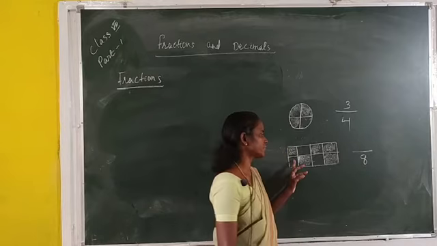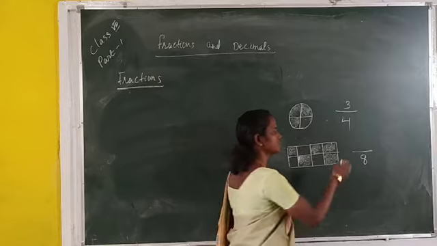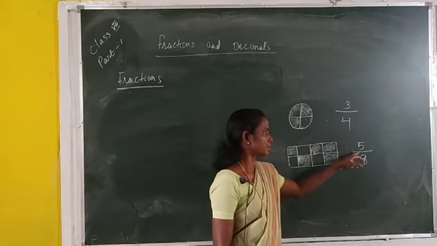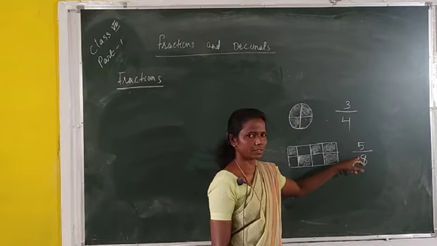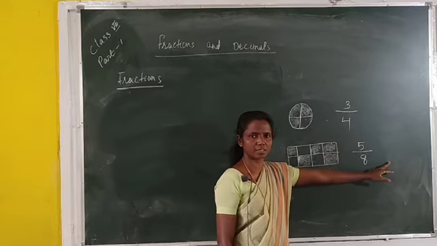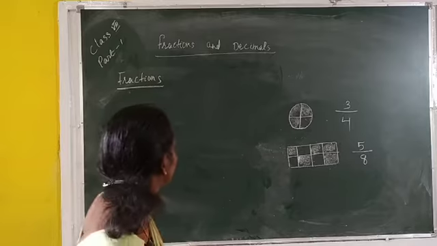Then how many portions are shaded? 1, 2, 3, 4, 5 portions shaded, so we write 5 above the dividing line. How to read this? 5 upon 8. 5 is the numerator and 8 is the denominator. Is it clear? Okay.